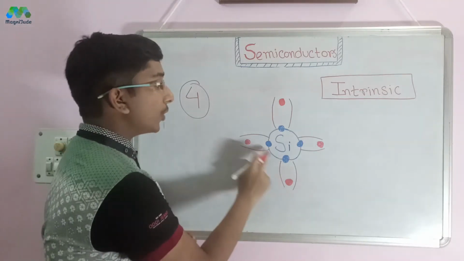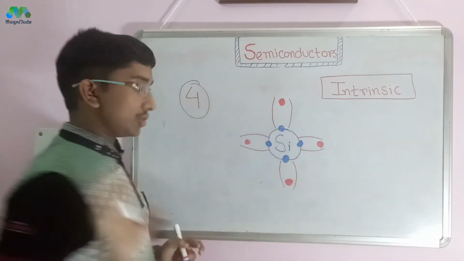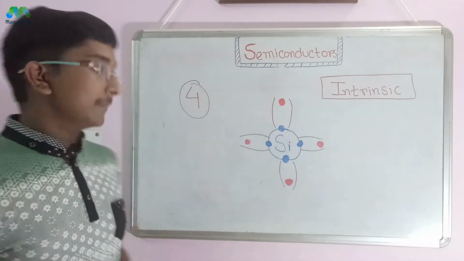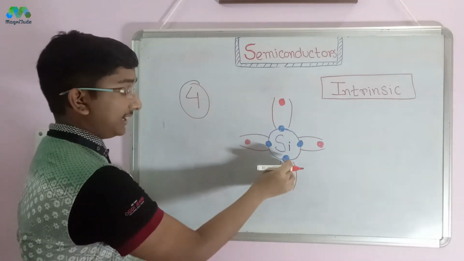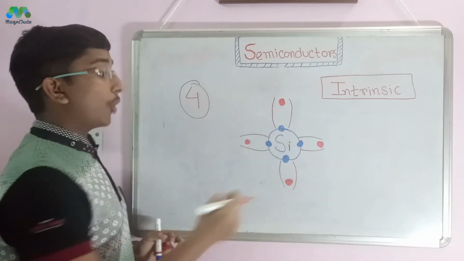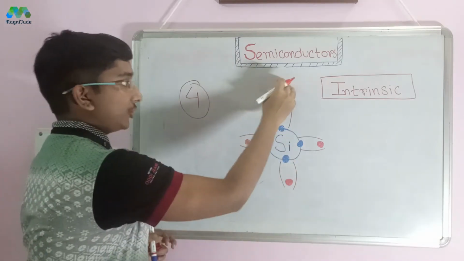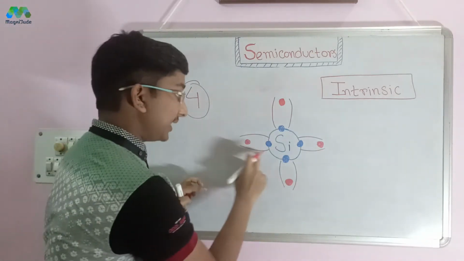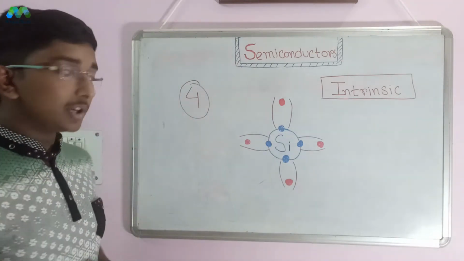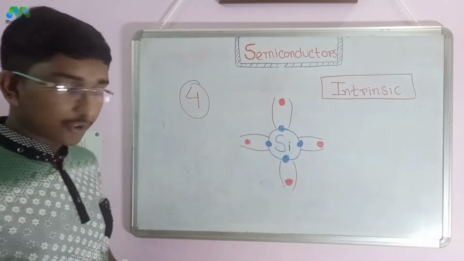Silicon has 4 electrons in its outermost shell. Up to this we are clear. Next, the electrons of this silicon are bonded with the adjacent silicon atoms, and this bond is a covalent bond. Covalent bond means the sharing of electrons.